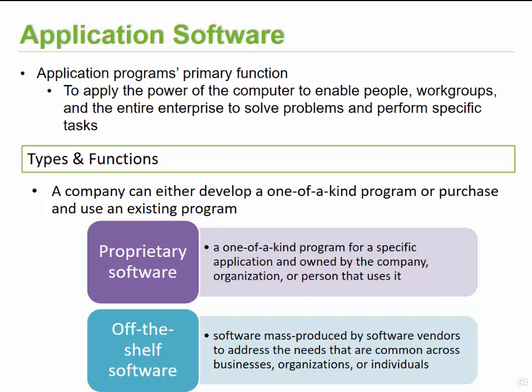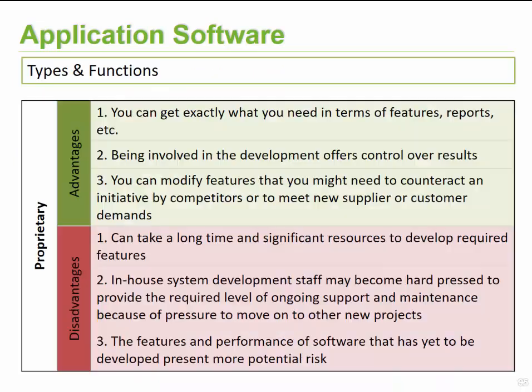Alternatively, you can buy software from websites, from stores, etc. And this software was basically created with mass groups in mind. For example, vendors would try to address specific needs that are common in business organizations or for individuals. Now let's look at the advantages and disadvantages of each of these.